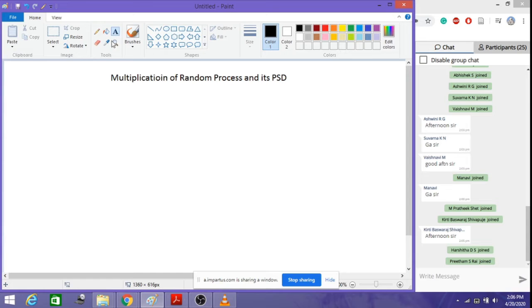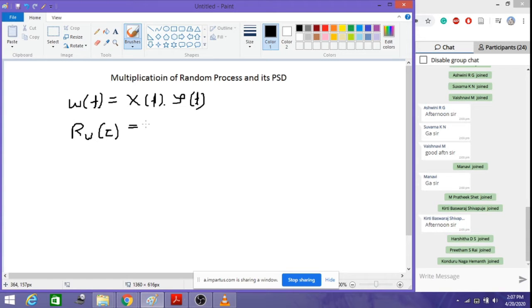If you multiply these two random processes, it will result in one more random process, W of t, which is nothing but x of t into y of t. Then by taking the autocorrelation function, we get a product: Rw of tau is equal to Rx of tau into Ry of tau.